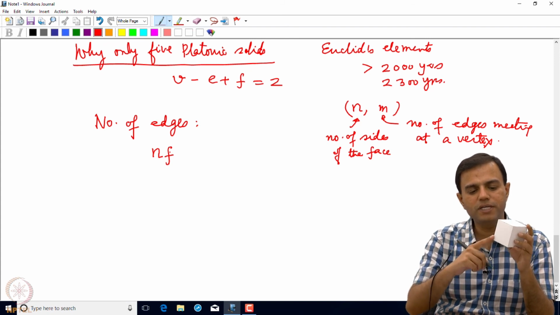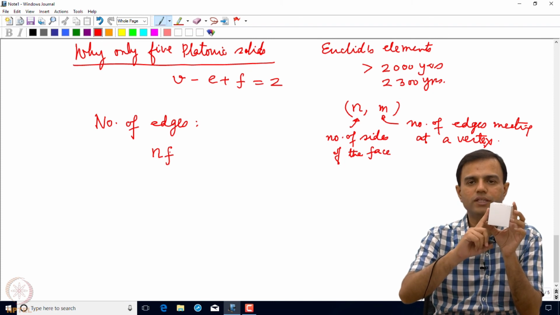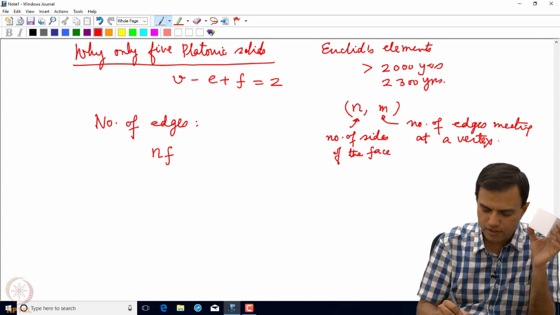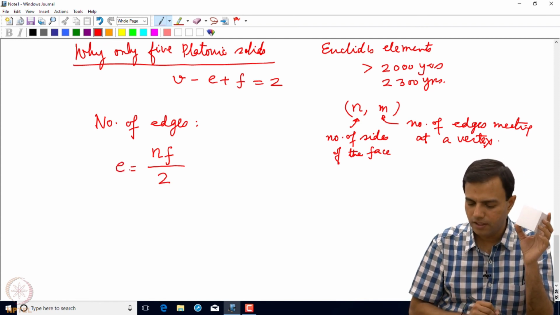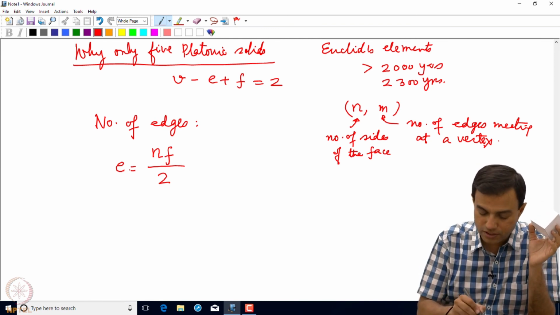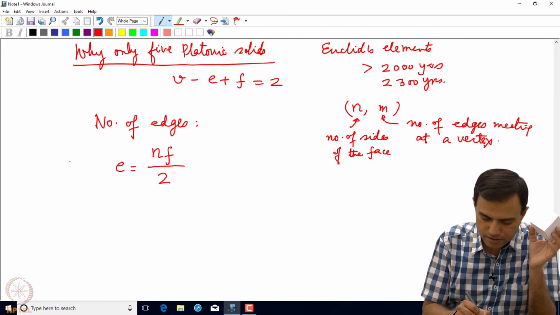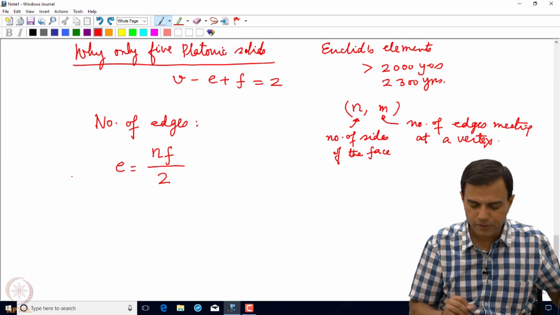But then this edge is being counted twice. It is counted for this face as well as this one. So I have to divide by 2. That is E, the total number of edges. Number of edges E is NF by 2.